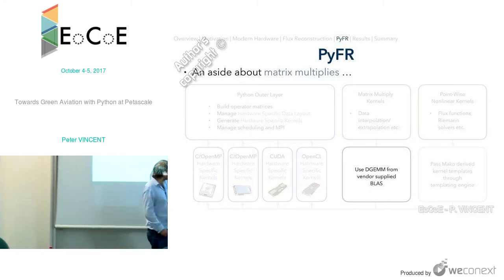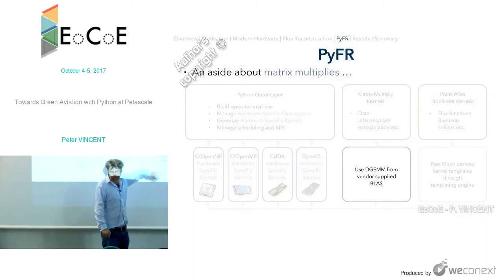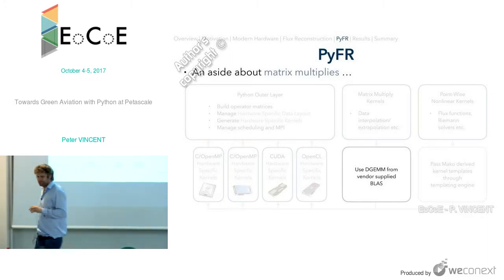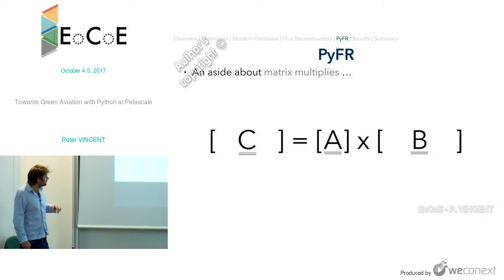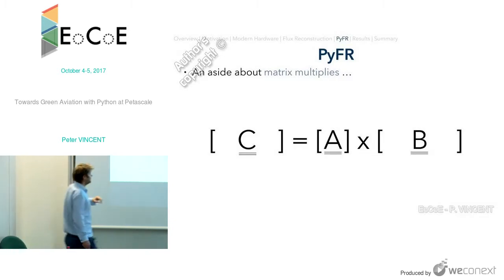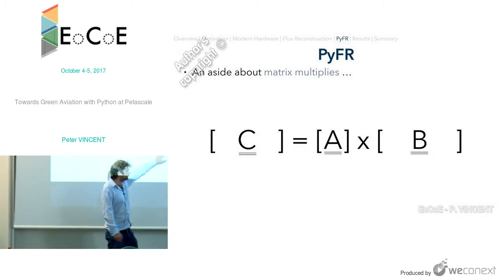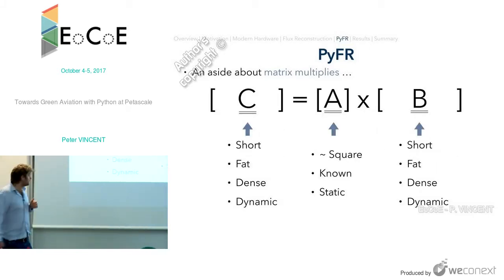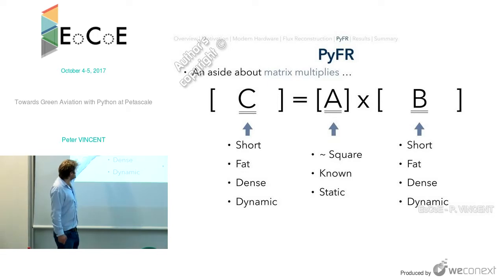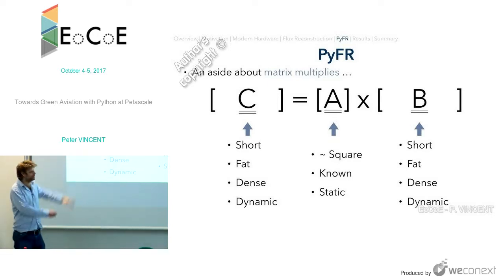Here, dgem or sgem from BLAS, you can do more than that generally. So about the matrix multiply. We do a lot of this, C equals A times B, where C is, it sounds a bit rude, short, fat and dense, but basically these are called block by panel matrix multiplies, right?